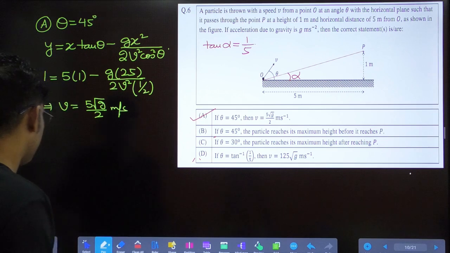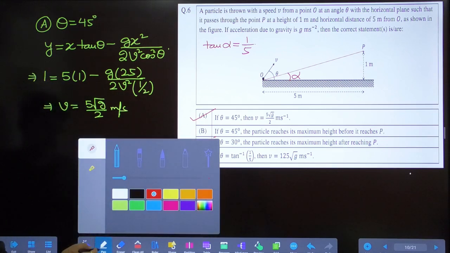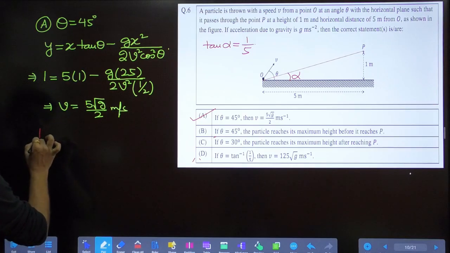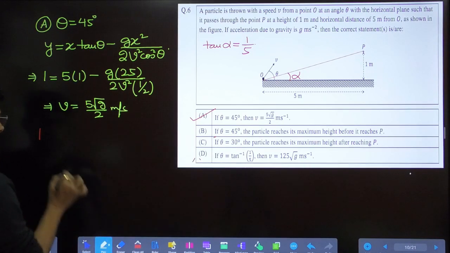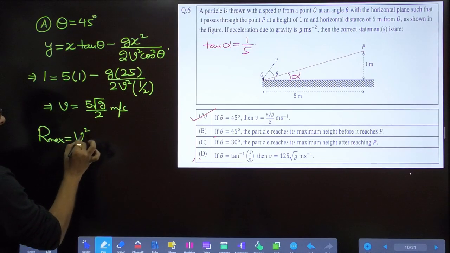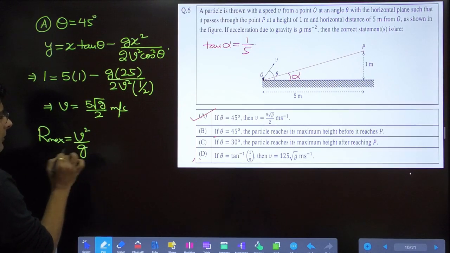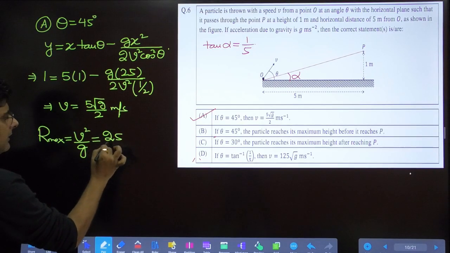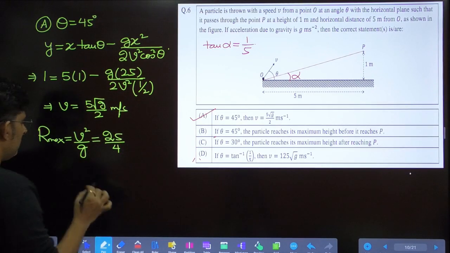So understand first of all that when you are taking V as 5 root g by 2, the maximum possible range for this projectile, R max, what will be R max? We know R max is at 45 degree, which is V square by g. So when you will take V square by g, it will become 25 by 4 meter, g cancels.